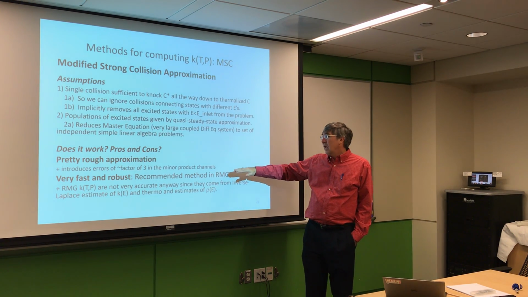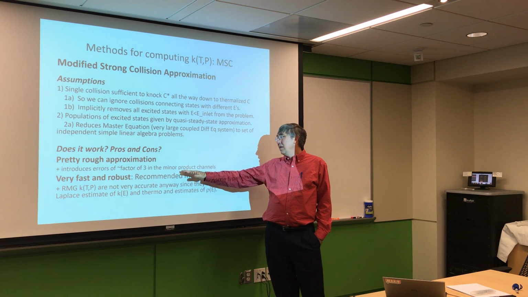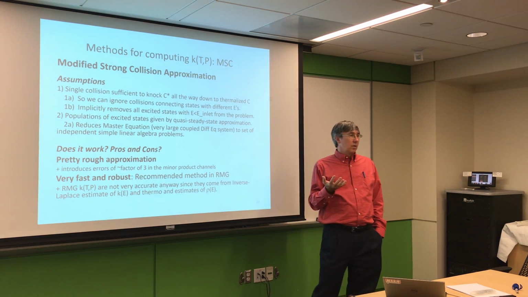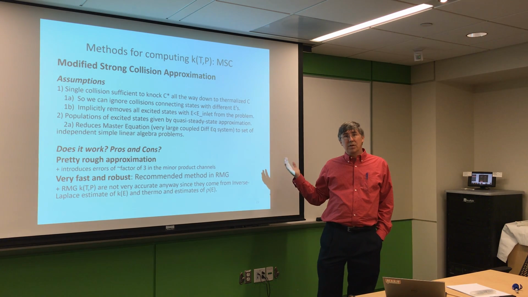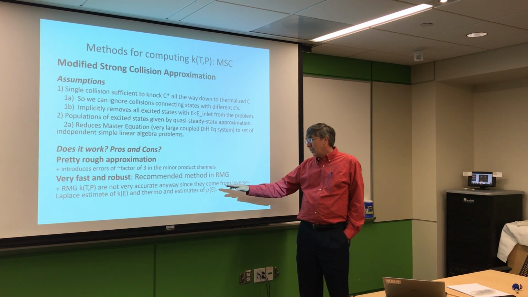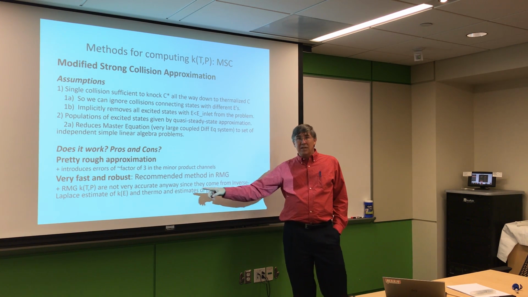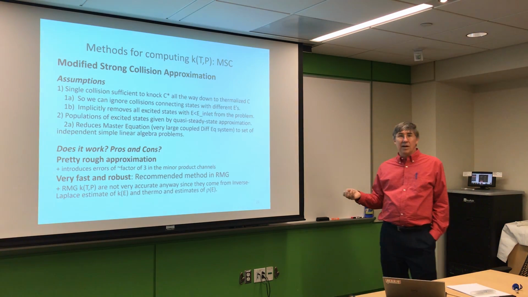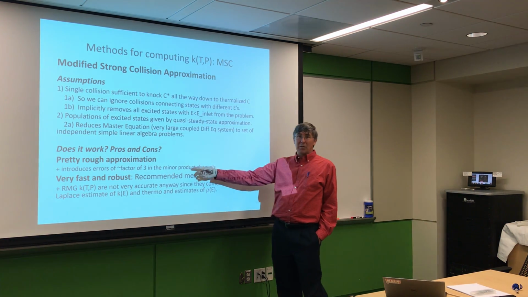It's pretty rough. In the two cases we've tested, it introduces errors of about a factor of 3 in the minor product channels. Usually the major product channel is pretty close to true, but the minor ones can be pretty far off. However, our rho of E's and our k of E's coming from inverse Laplace transform also have errors that can be more than factors of 3 anyway. So this extra factor of 3 is not that much of a big deal.